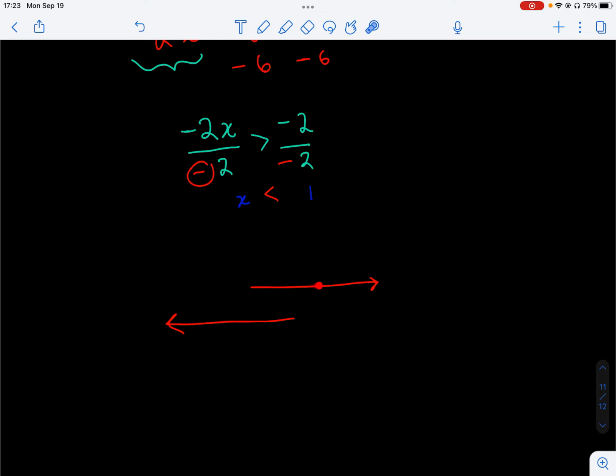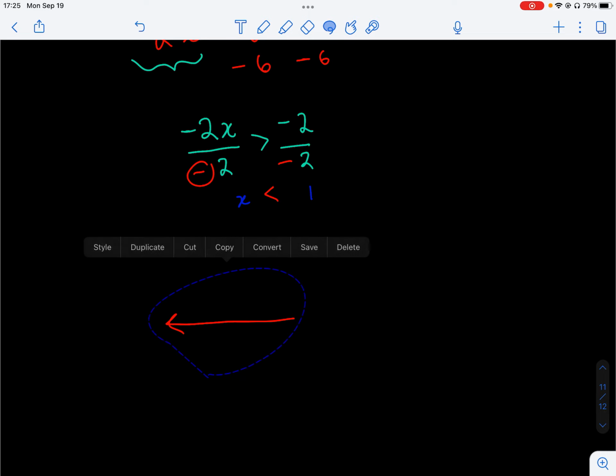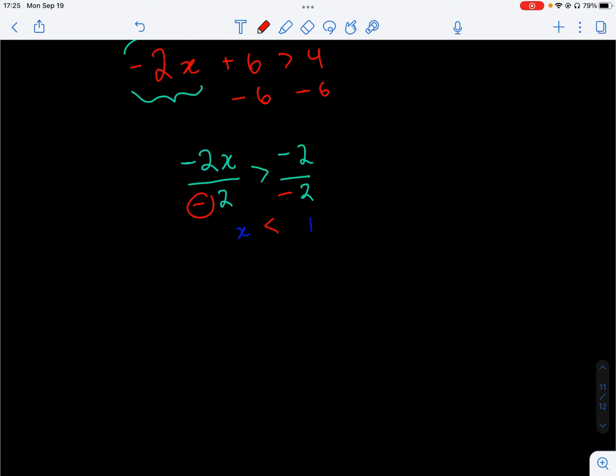We went from this guy to this guy. The direction flipped. And so whenever you see yourself either multiplying or dividing by a negative, remember, that's going to flip your number to be the opposite of that number. If it was a negative 3, it would flip it to be a positive 3. So your solutions are going to be swapped. So this is like the one consideration.